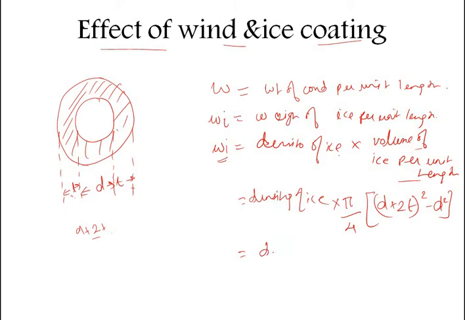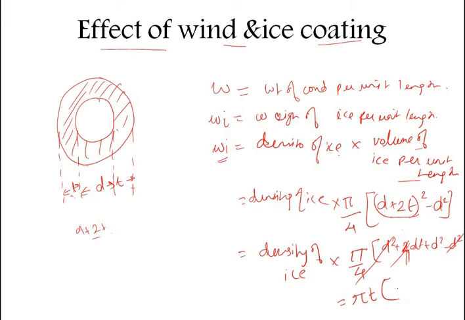Expanding, d square cancels, remaining is 4dt, so 4 cancels, remaining pi t common, d plus t.